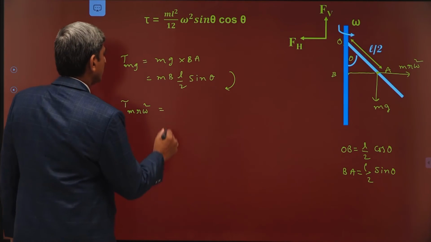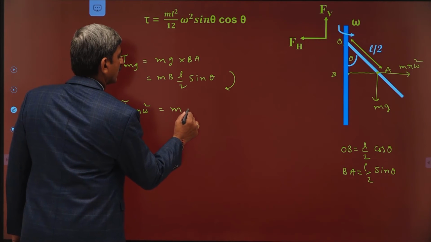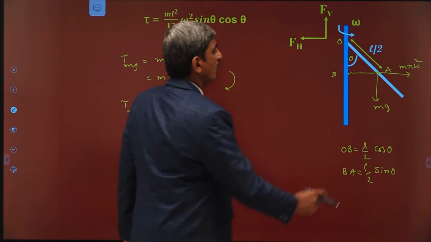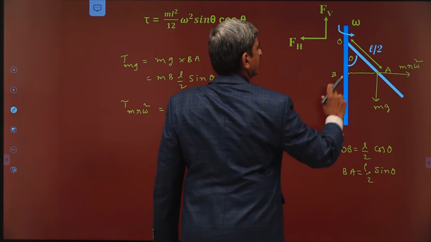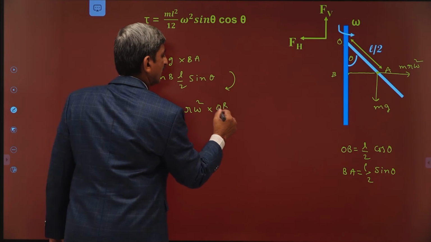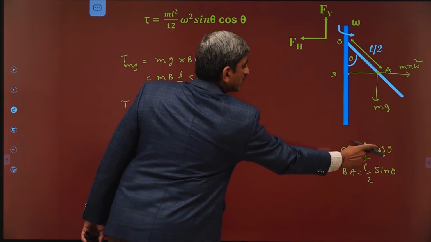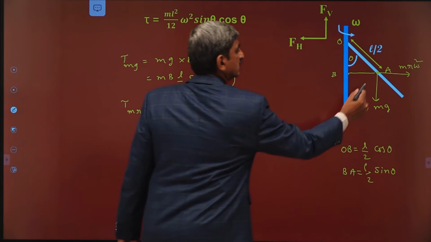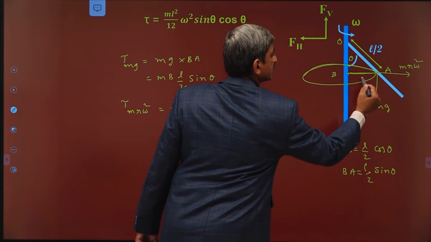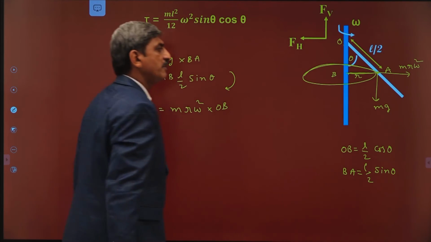That is given by m r omega square into perpendicular distance. What is the perpendicular distance from the point? The perpendicular distance is equal to OB, and already we know that OB value, that is equal to L by 2 cos theta. As the body is rotating, here the radius of the circle is equal to AB value.